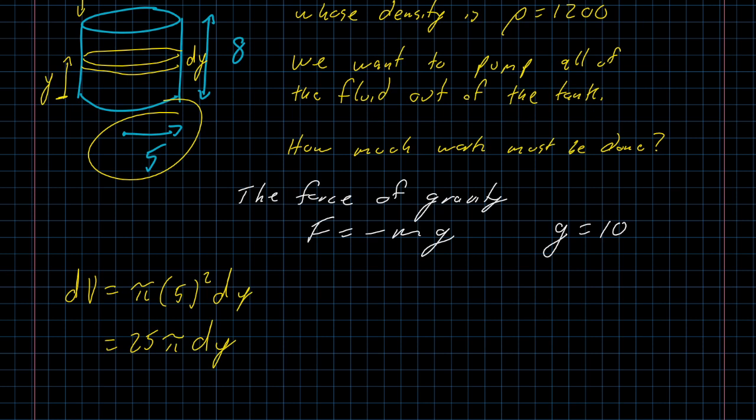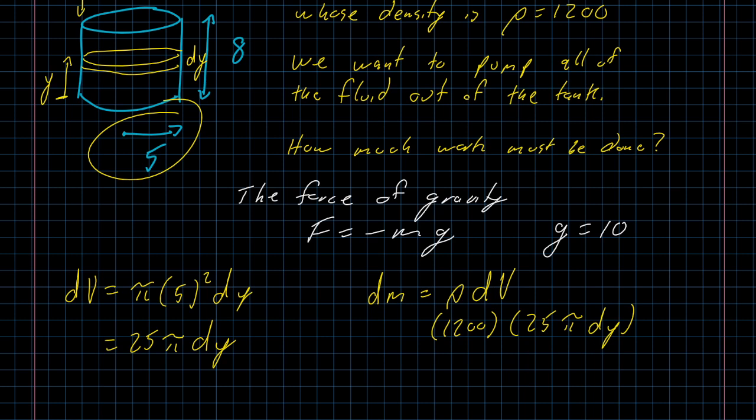Our fluid has a uniform density, 1,200 kilograms per cubic meter. If we multiply that by the volume, which would be in cubic meters here, then the little bit of mass of that little bit of volume is 1,200 times 25 pi dy. 25 times 12 is 300, and then there are 2 extra zeros at the end.